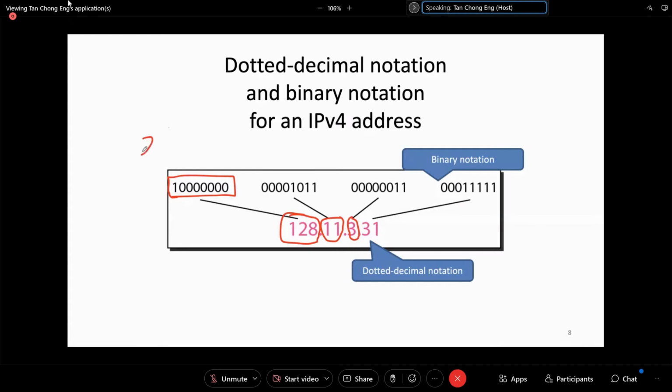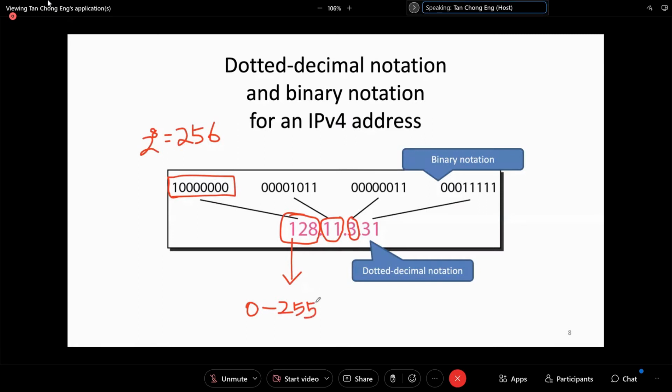You tell me 2 power of 8, because it's 8 bit, it's 256. Right. 2 power of 8, because each of the decimals is actually 8 bit. So the total number you can have for each decimal is maximum 256. So meaning to say the value ranges from 0 until 255.